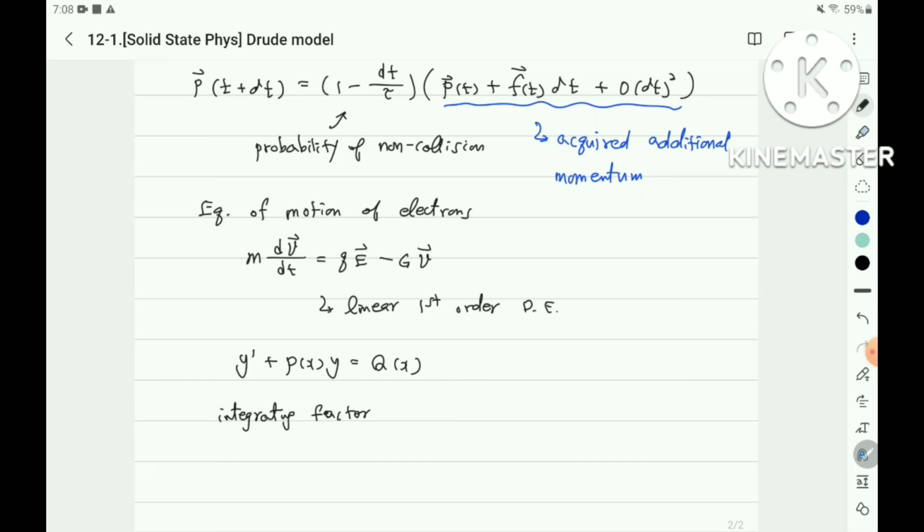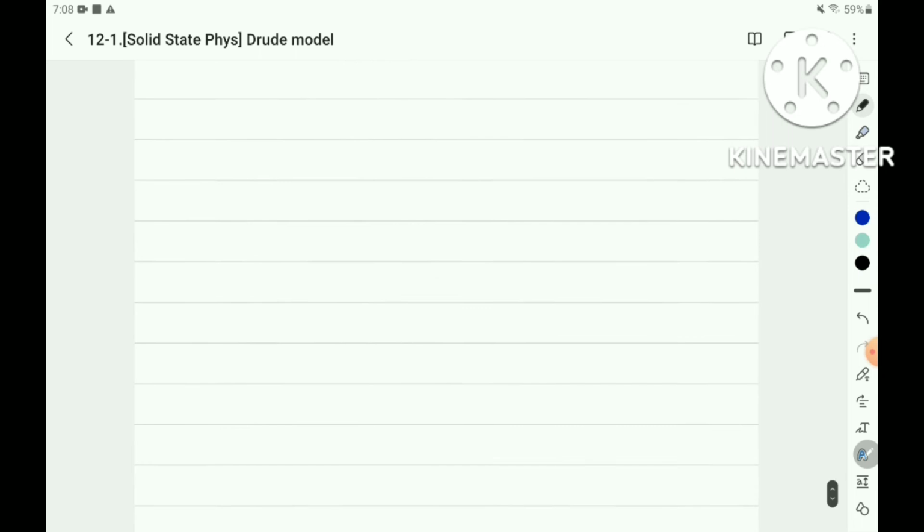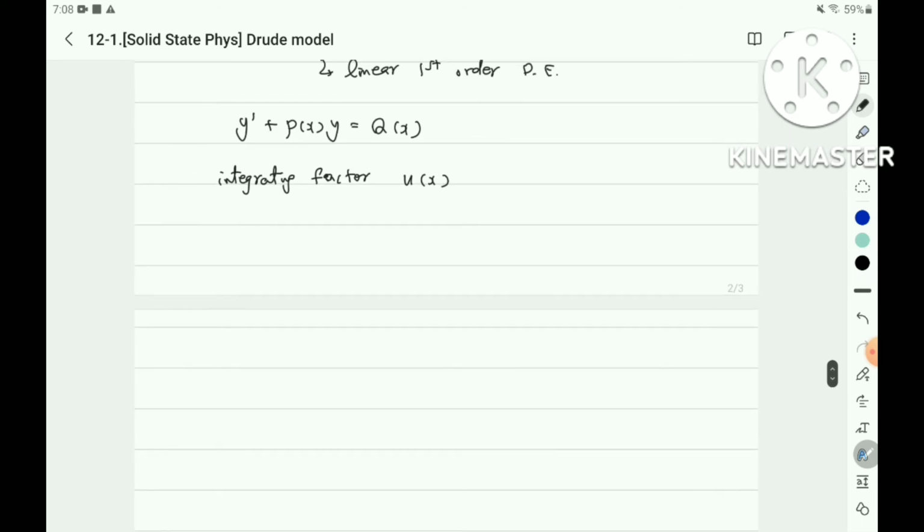Then with the integrating factor u, we multiply it on both sides. Then you can write down u y prime plus u p y equal to q u. Then the left side is u y prime equal to q u.